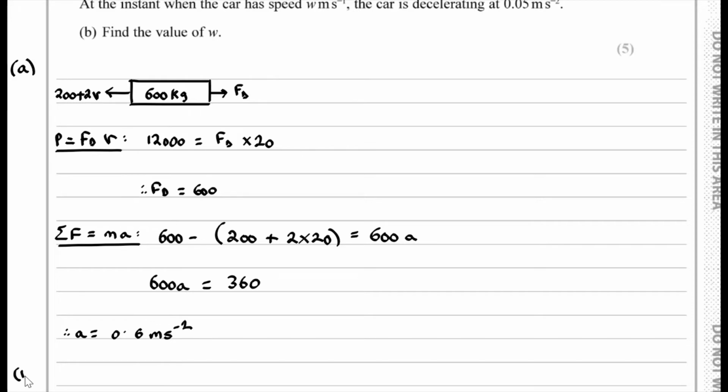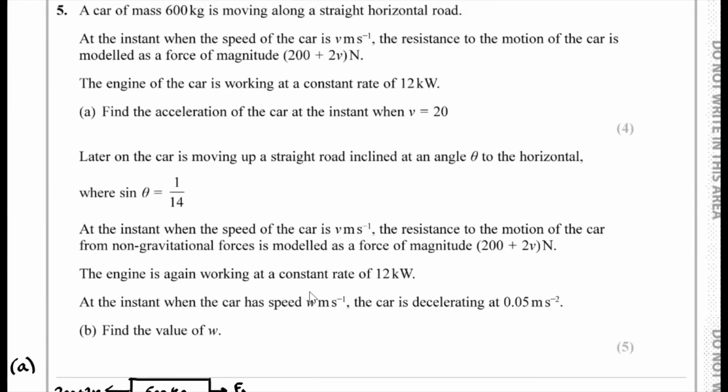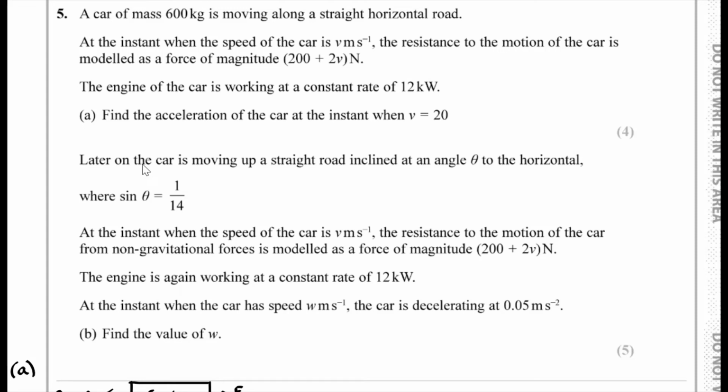And now for part B. Later on, the car is moving up a straight road inclined at an angle theta to the horizontal, where sine of theta is equal to 1/14. At the instant when the speed of the car is v meters per second, the resistance to the motion of the car from non-gravitational forces is modelled as a force of magnitude 200 plus 2v newtons.